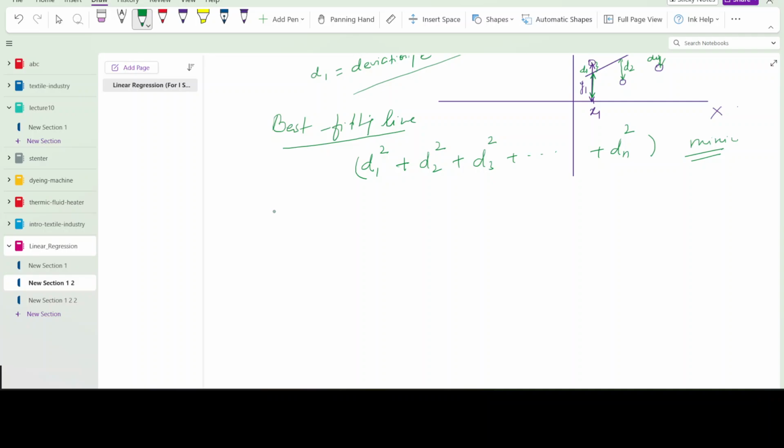So let me write formally the definition of the best fitting line.